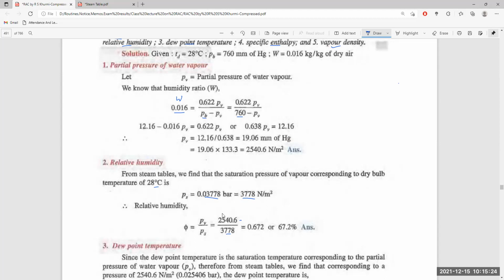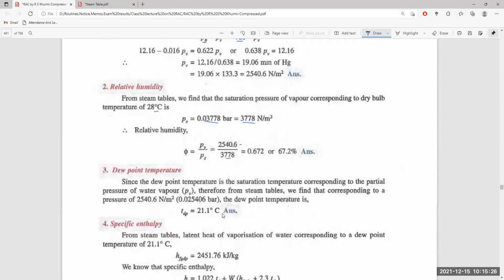Next comes the finding of dew point. The dew point is the saturation temperature corresponding to the partial pressure of water vapor from the steam table. We have calculated the partial pressure of water vapor here.